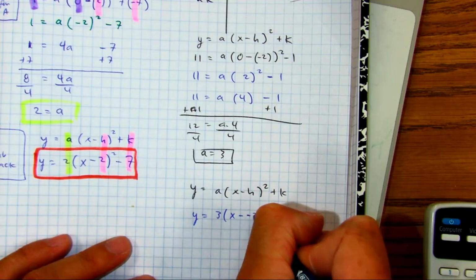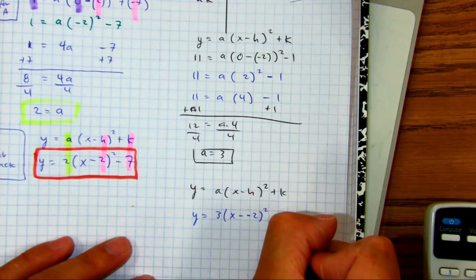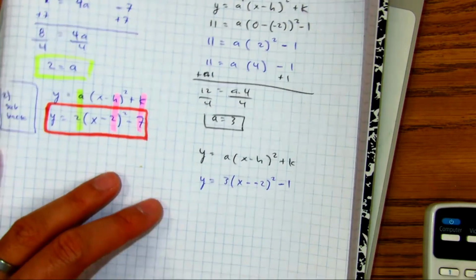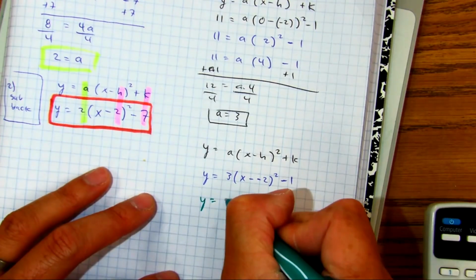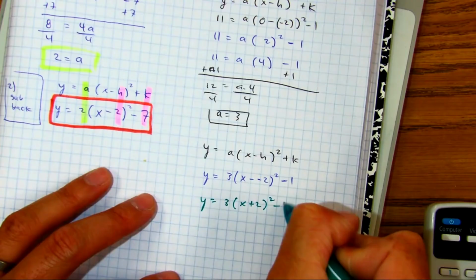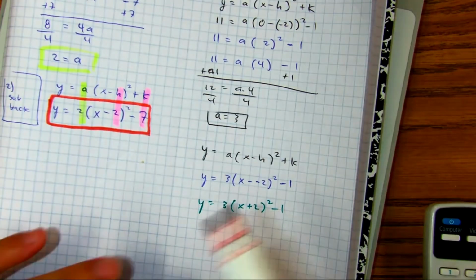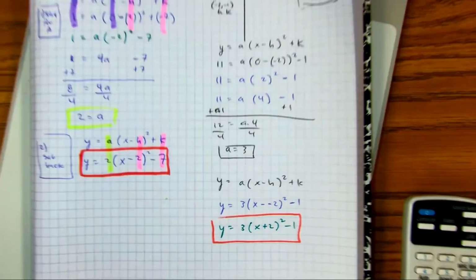So eventually it's going to become positive, right? And then our K value? Clean it up. Y equals what? There it is. Pretty good?